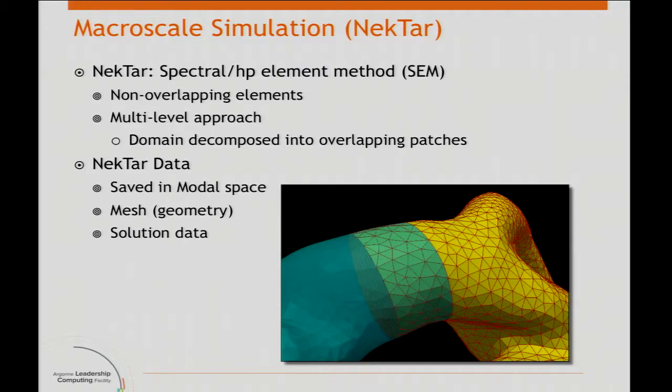Right. The spectral element code that's doing the flow is called NekTar, and it consists of these overlapping elements.